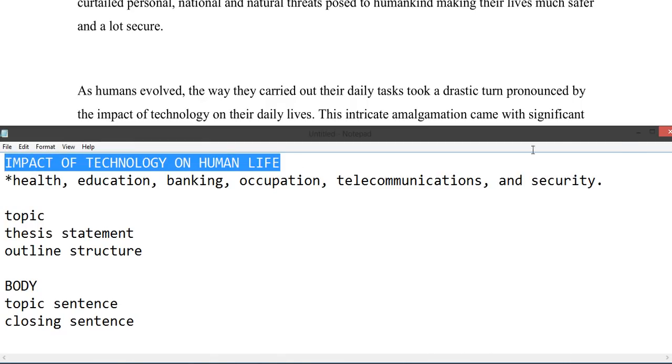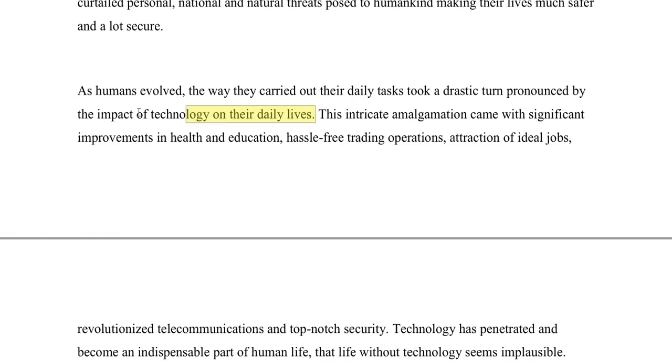So for the topic sentence of the concluding paragraph, you can use the topic itself. As humans evolved, the way they carried out their daily tasks took a drastic turn, pronounced by the impact of technology on their daily lives. You are simply saying that people's life has changed due to technology.